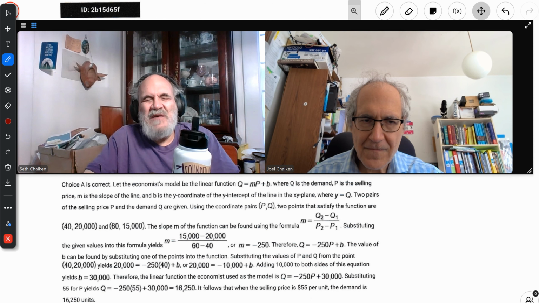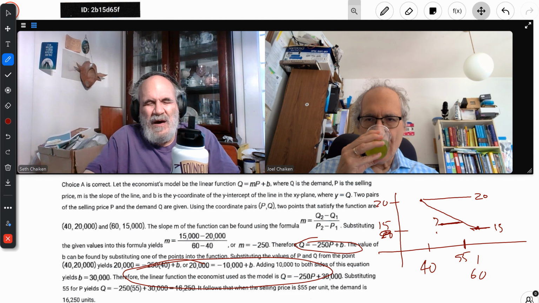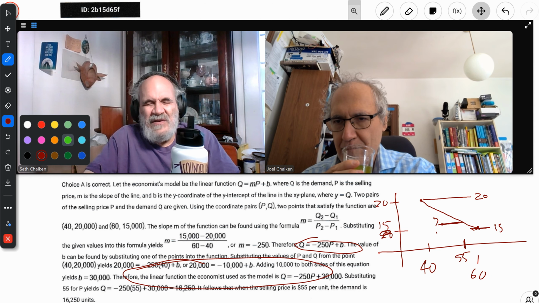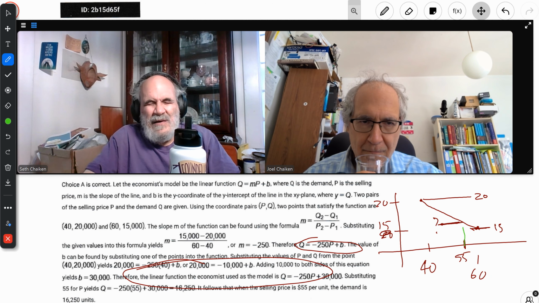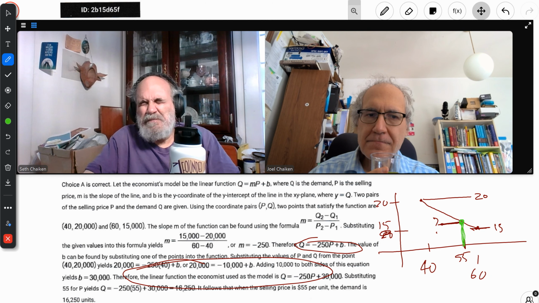I guess my favorite solution is to realize that 5,000 is halfway between 4,000 and 6,000, and then 5,500 is halfway between 5,000 and 6,000.